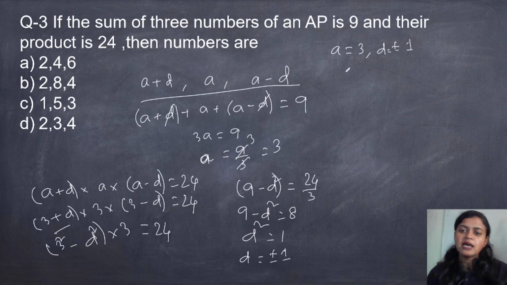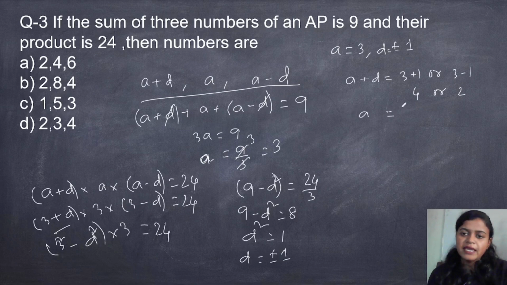The numbers are what? a plus d, you can write 3 plus 1 or 3 minus 1, meaning 4 or 2, and a means 3, and a minus d, you can write 3 minus plus 1 or 3 minus minus 1.